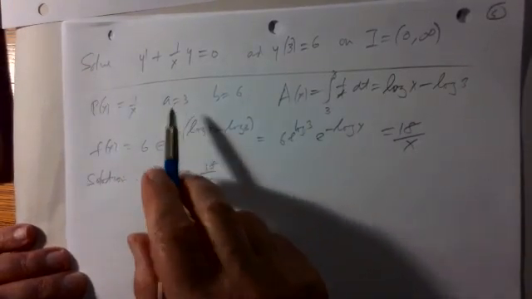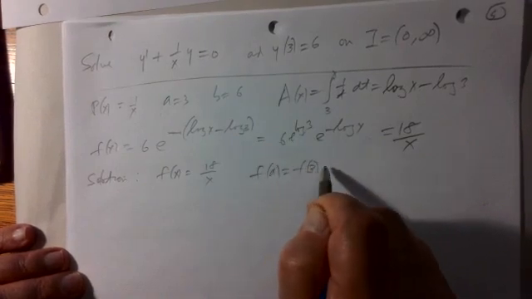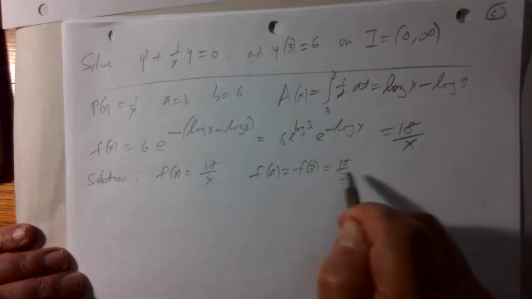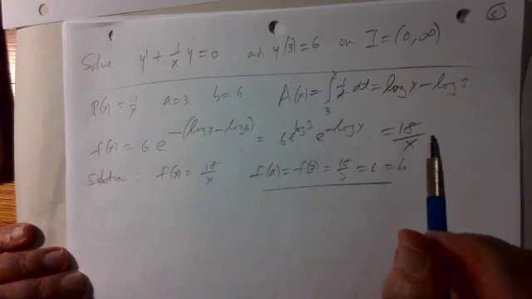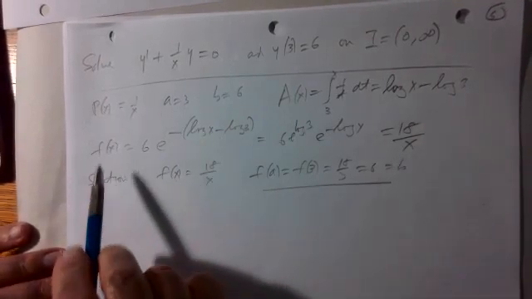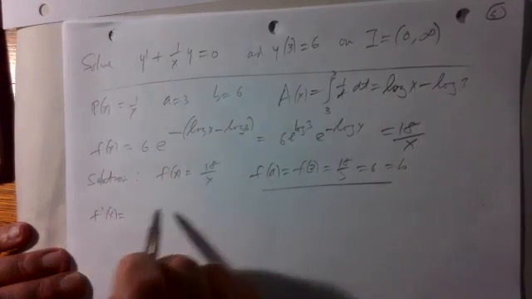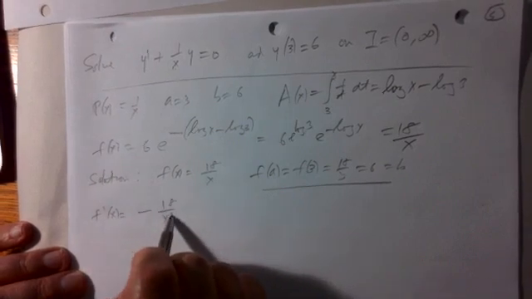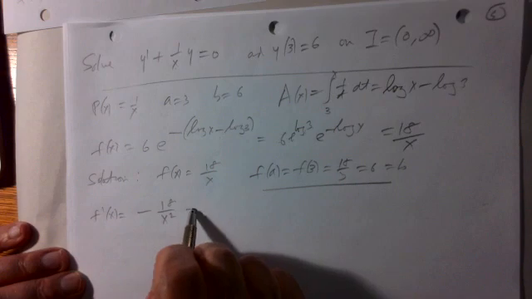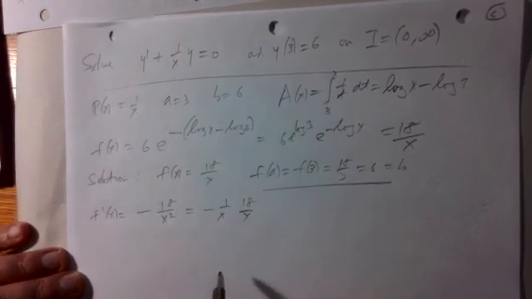Does it satisfy the boundary condition? Well, f of a, that's f of 3, is 18 over 3, which is 6, which is b. So the initial condition is satisfied. And what about the differential equation? So f prime of x, when you differentiate 18 over x, you get minus 18 over x squared, which I can write as minus 1 over x times 18 over x, because x times x is x squared.